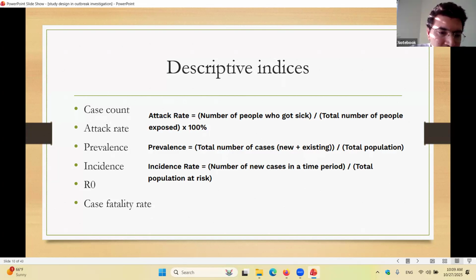Do not confuse them. Consider the threshold number 1. When R0 is more than 1, the outbreak is developing. It means that one infected patient can transfer the disease to more than one other.